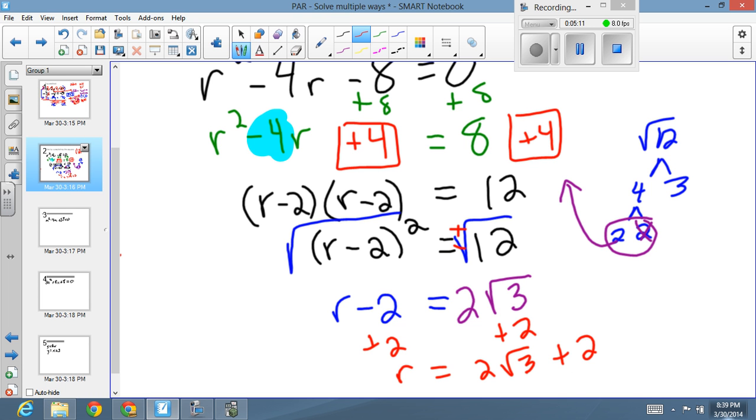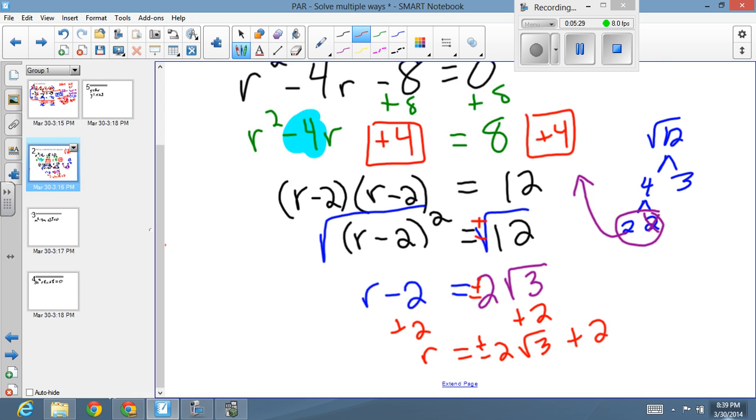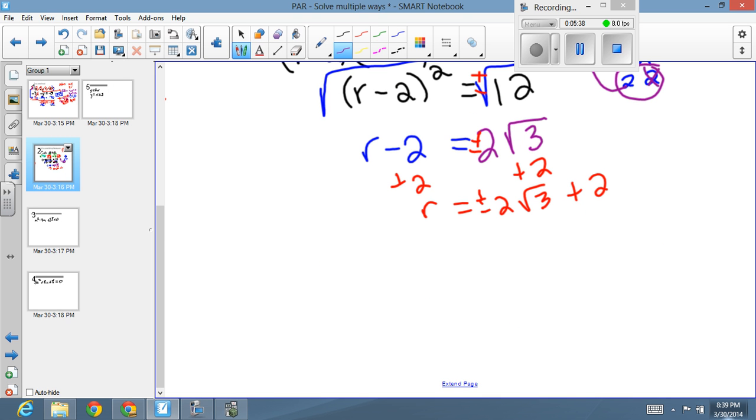Almost forgot my plus or minus. Whoa, that was almost a big time mistake. Let's see here, square root of plus or minus. Positive or negative, so this is positive or negative 2 radical 3 plus 2. Or you may have, at other points, let me go down here.